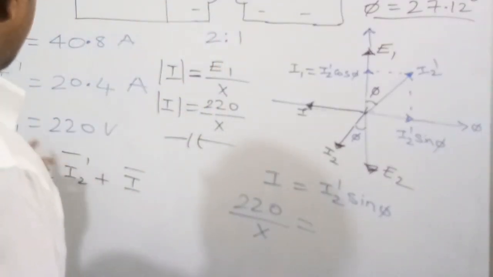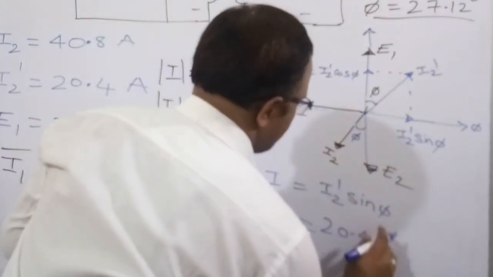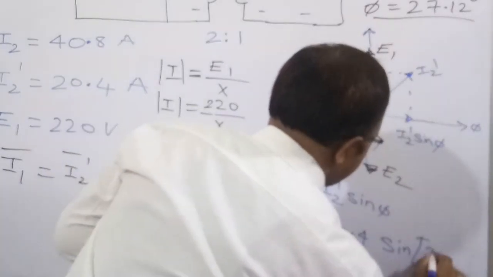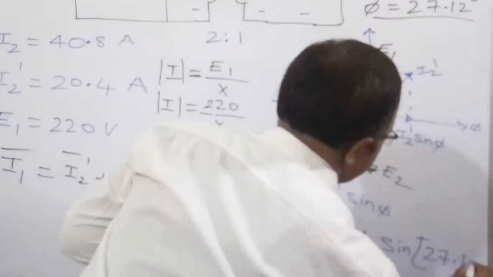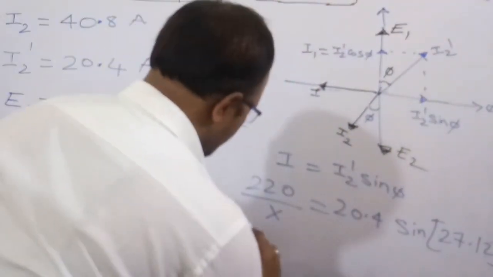I2 dash we already know is equal to 20.4 sin phi, sin phi means sine of 27.12 degrees. If you do the simplification, we will get X, this is a capacitor, right?